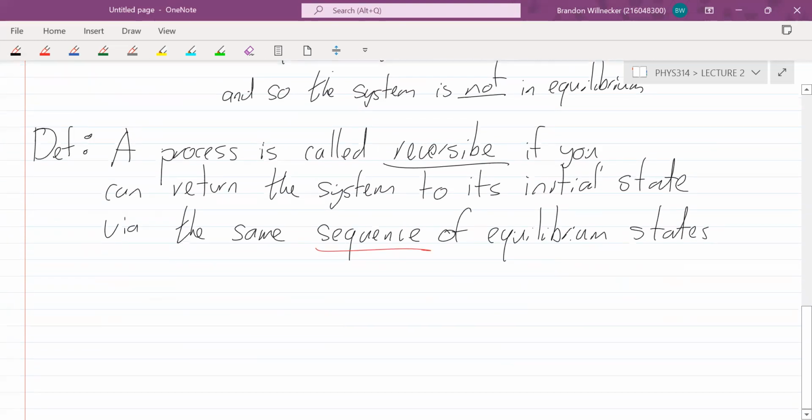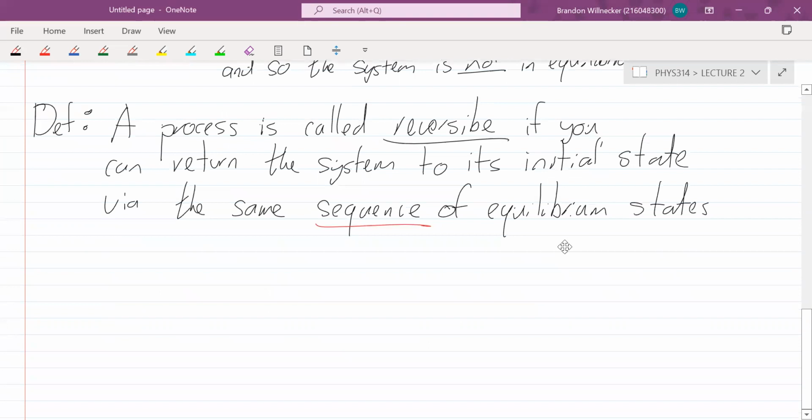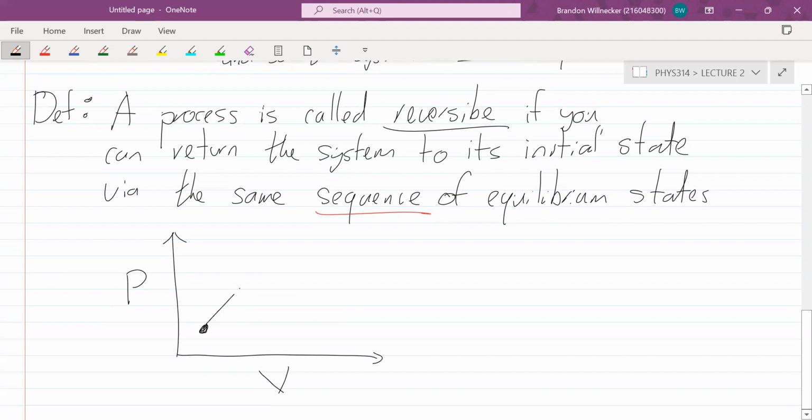Okay, and we can look back at our first example of the 3-state sequence. You can have something like this. So on a PV diagram, we go from 1 to 2 to 3 in this direction. We start in state 1, we move to state 2, and then we move to state 3.